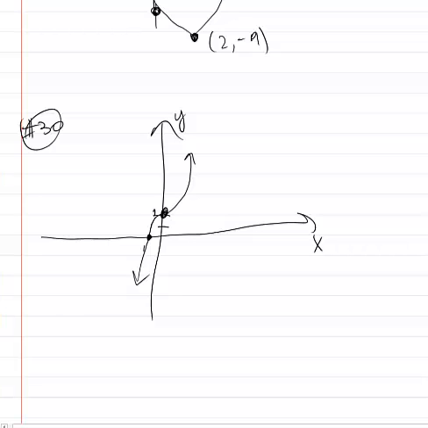So instead of 0, 1, well, this is not 0, 1. This is left, right? -1. So this right here is -1, comma 0. So that means this will become 0, comma -1. And 0, 2 will become 2, 0.